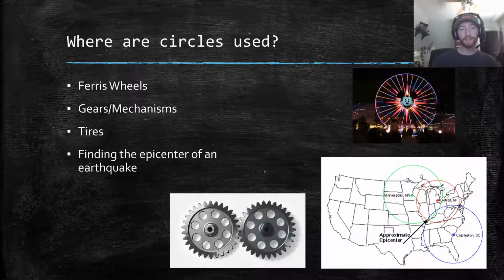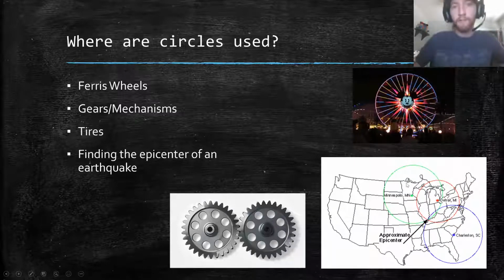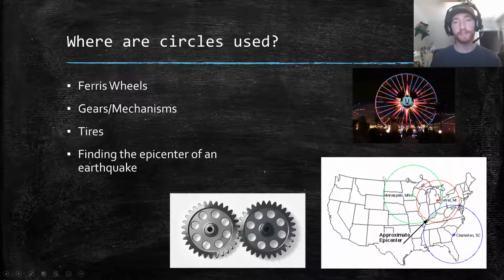Finding the epicenter of an earthquake. Some of you may not be familiar with earthquake science, and that's perfectly fine, but here's a quick little crash course. If we have a seismograph, the instrument that detects vibrations from an earthquake, it can only detect how far the earthquake is. It can't detect location or direction.